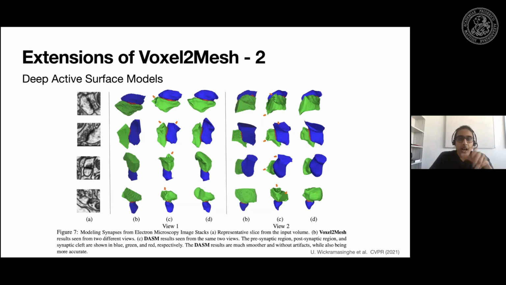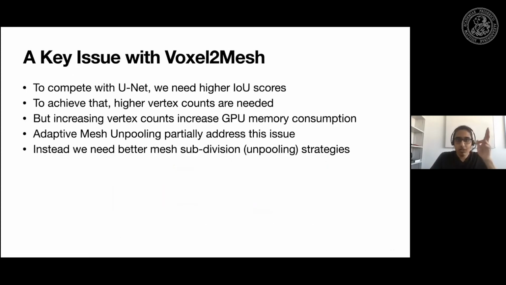So now, after this, I go to a key issue with Voxel2Mesh that needs attention. One is the memory issue, the vertex count issue that comes with the mesh subdivision.